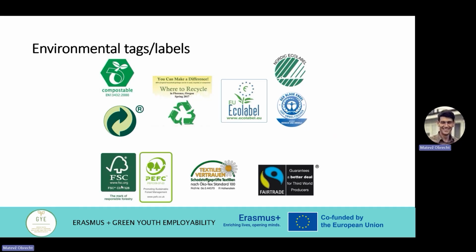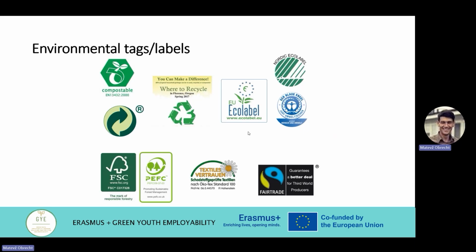This is actually the sustainable sourcing of wood, for example, for the paper industry, for the wood industry, and so on. Then we have one for textile, which means that it is made out of organic textile, for example. However, the most relevant are those three here up above.